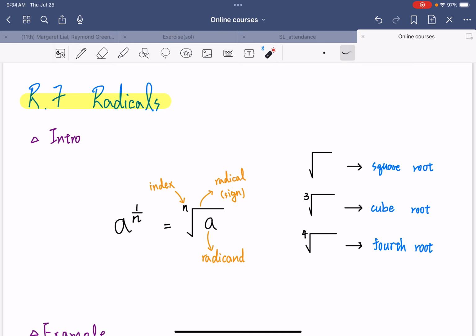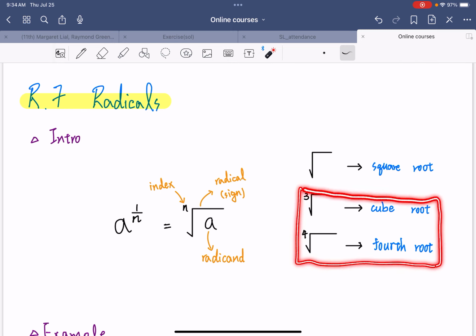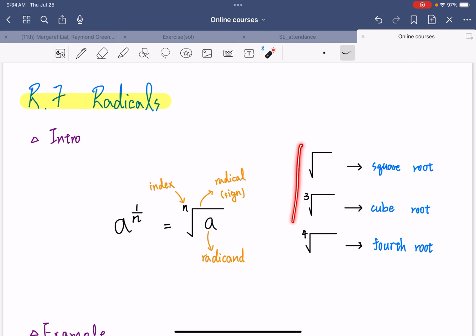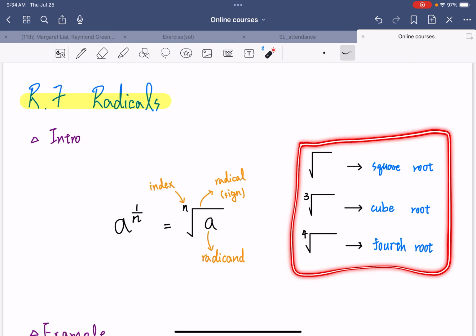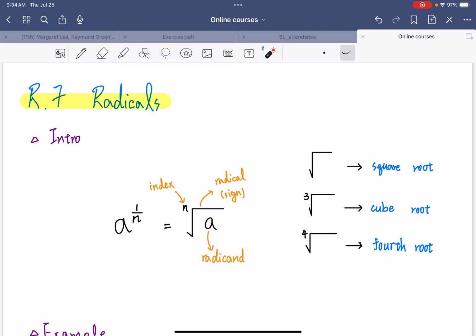In this expression we call it square root, but others like cube root or fourth root, all of these we call radicals. So square root is only a part of radicals. And now let's dig into radicals.